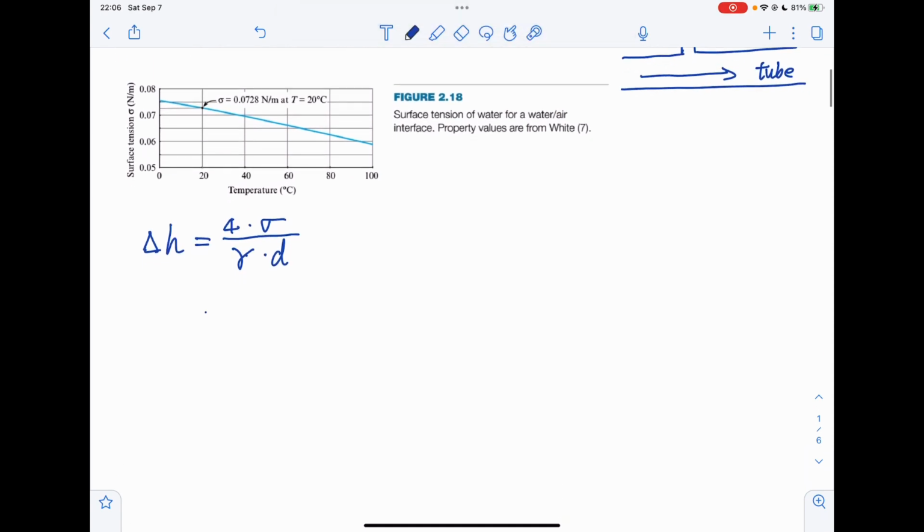We're going to assume the temperature is 20 degrees Celsius, and it gives us a sigma of 0.0728 Newton per meter.